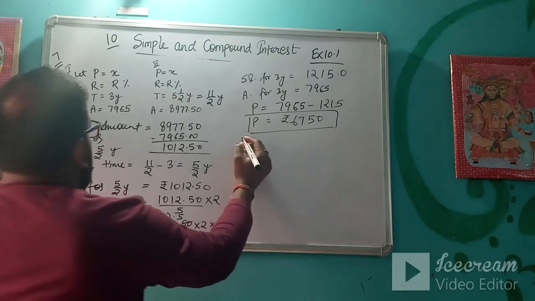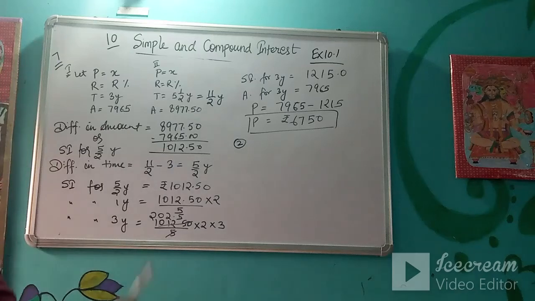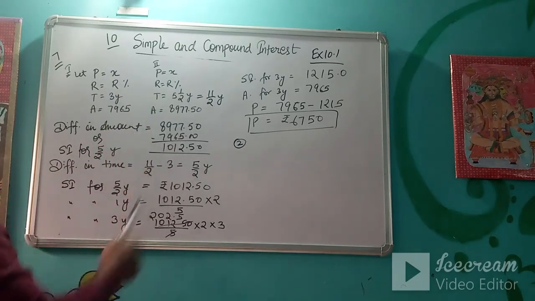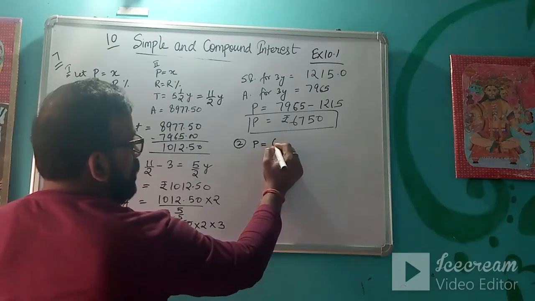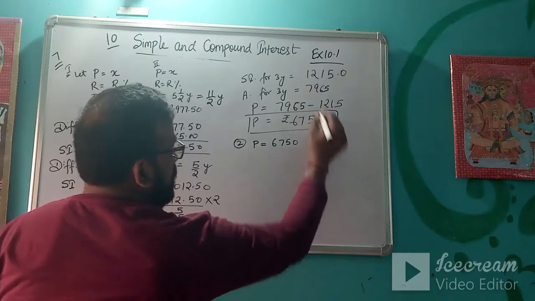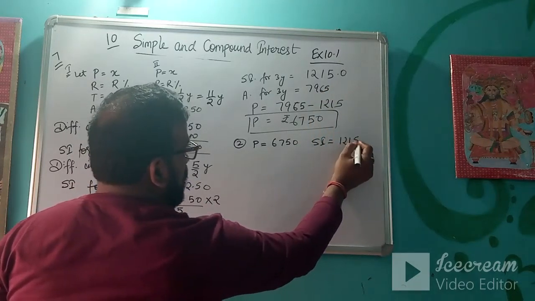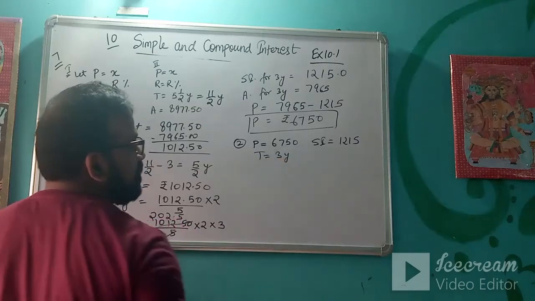Now for the second part, that is for the rate, you can use either this data or this data. So I will use this data. So for this I have P equal to 6750. SI is equal to how much? We have calculated 1215, and time is 3 years.